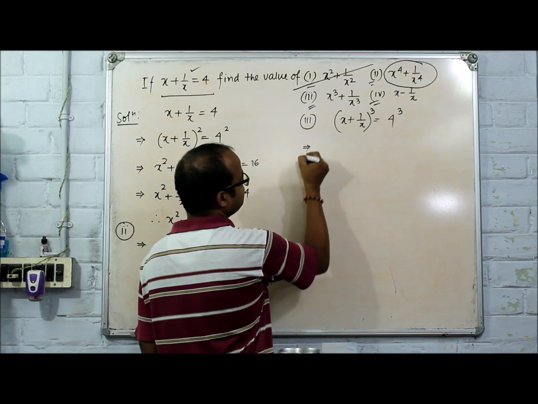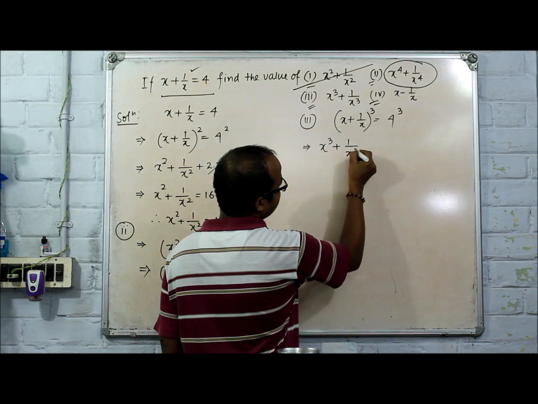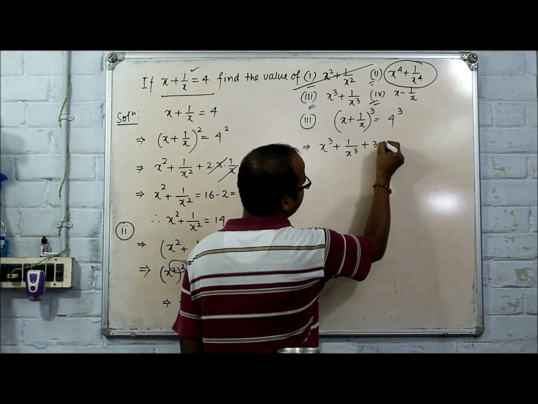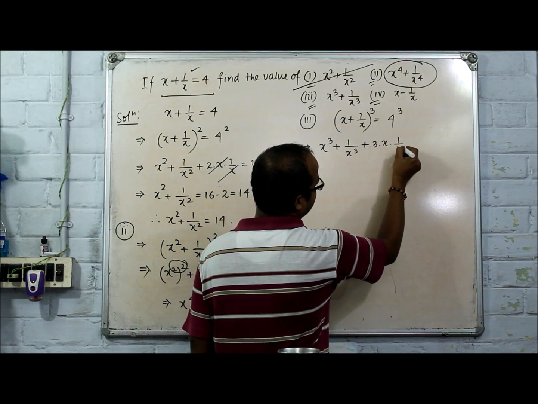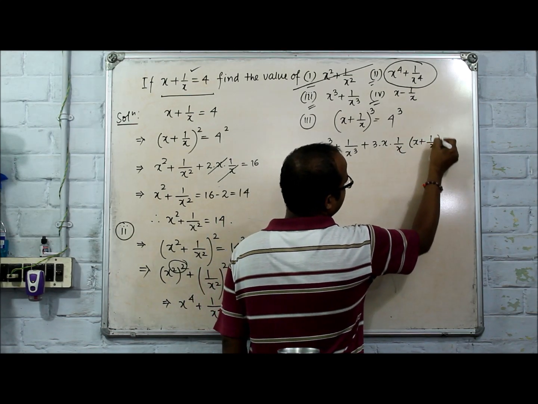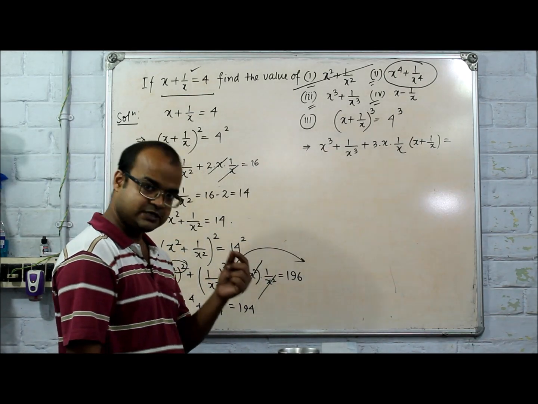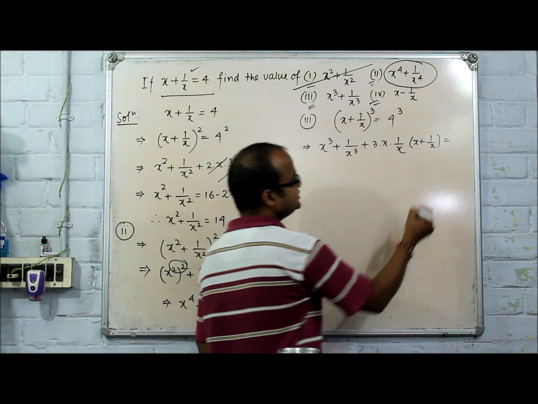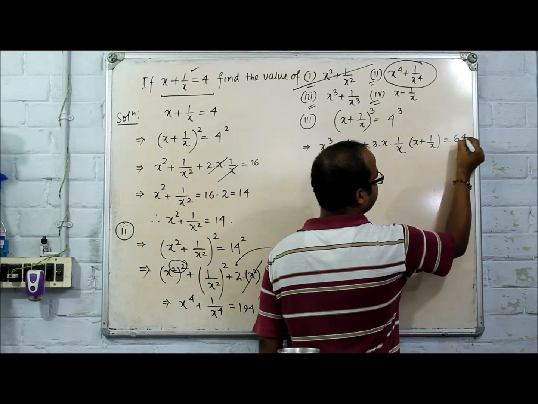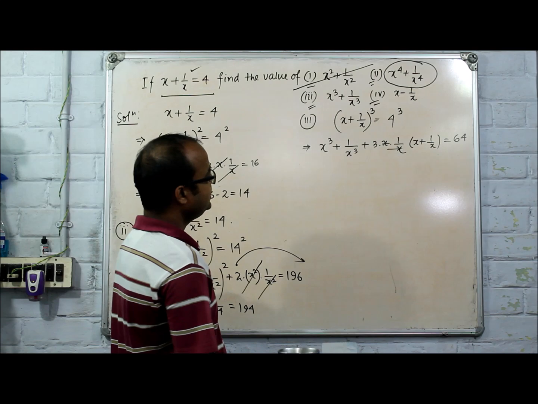So here we are using the formula a cube plus b cube plus 3 into a into b into (a plus b) is equal to 4 cube. 4 cube means 4 fours are 16, 16 fours are 64. So this x and this x will get cancelled.